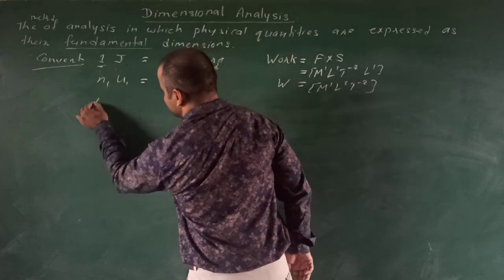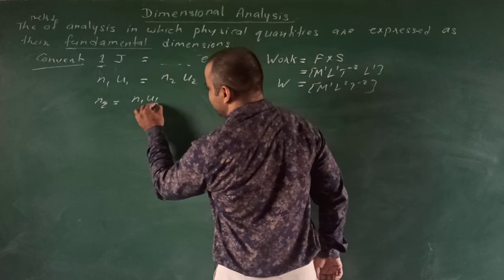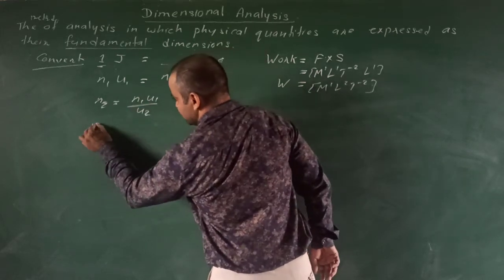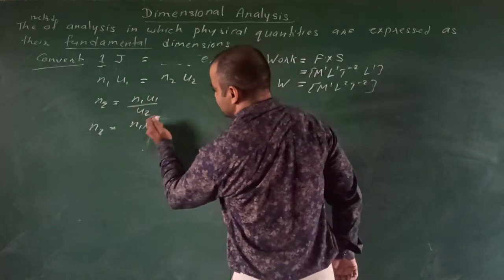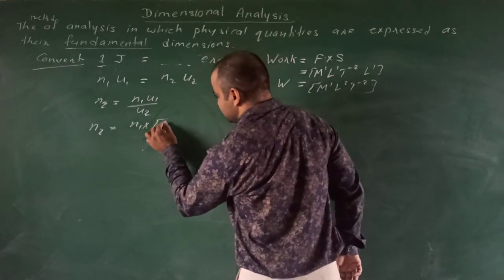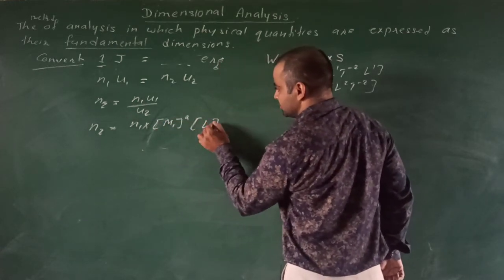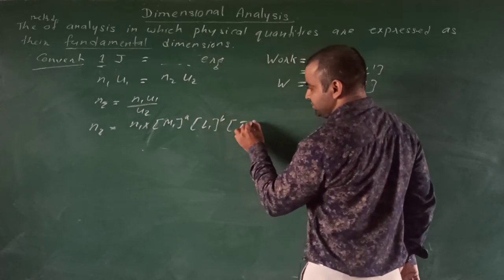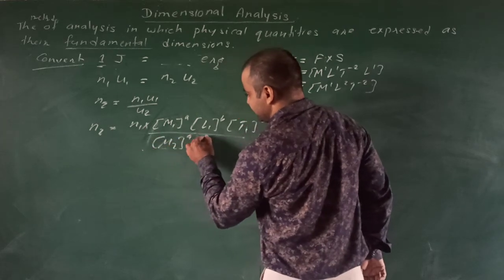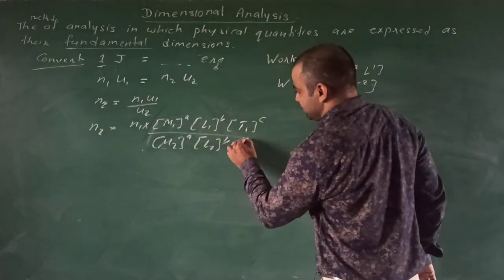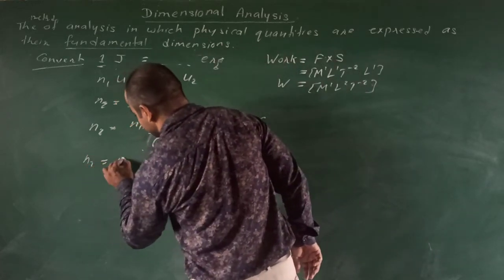Now find out the N2. N2 will be equal to N1 U1 by U2. N2 equals N1 into U1, means M1 to the power a, L1 to the power b, T1 to the power c, by M2 to the power a, L2 to the power b, T2 to the power c.